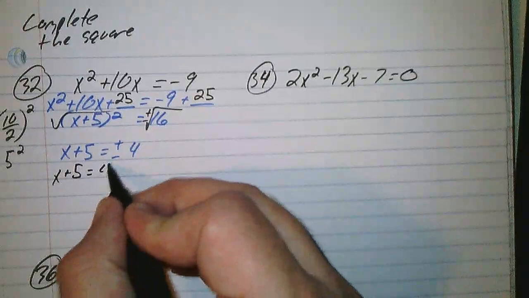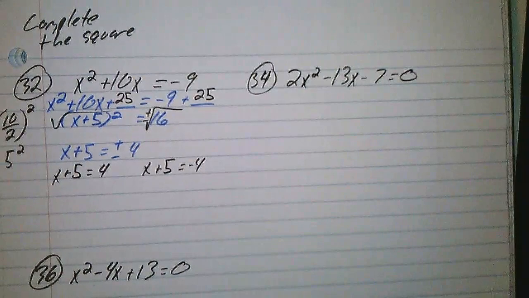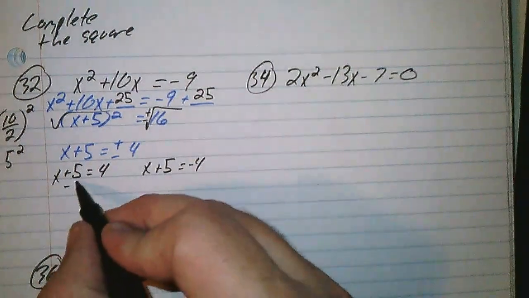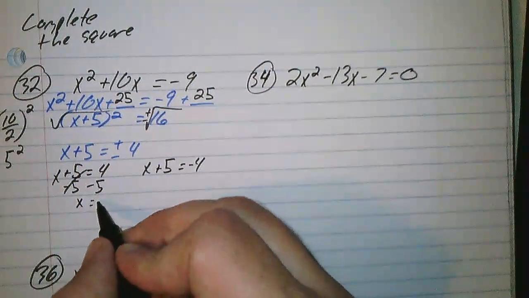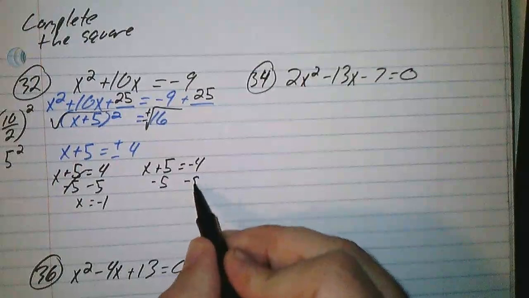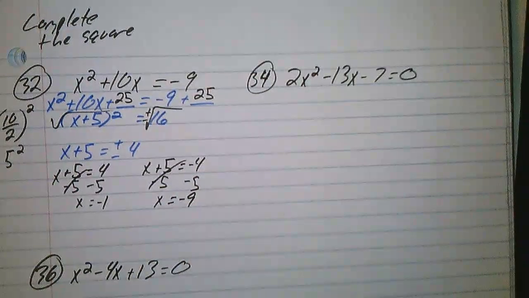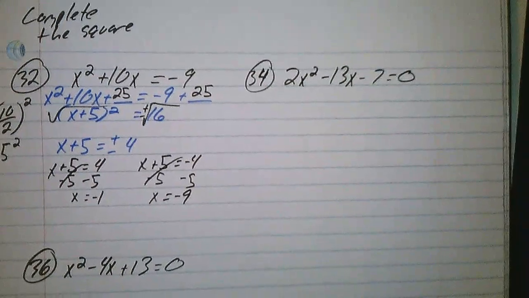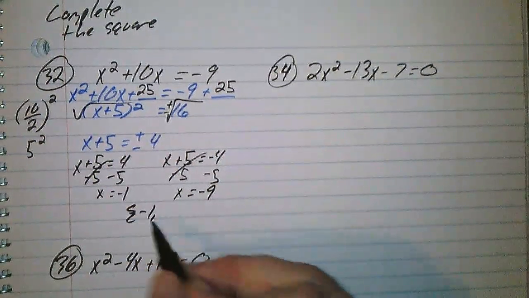X plus 5 equals positive 4. X plus 5 equals negative 4. And then get x by itself. Subtract 5 from both sides to get negative 1. Subtract 5 from both sides to get negative 9. You can box them or put them together in a solution set.